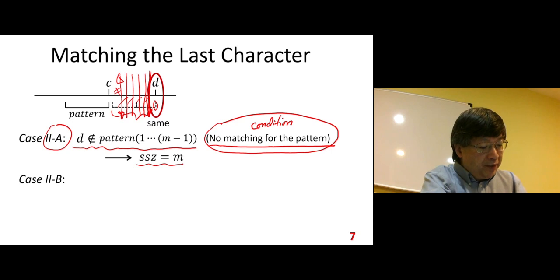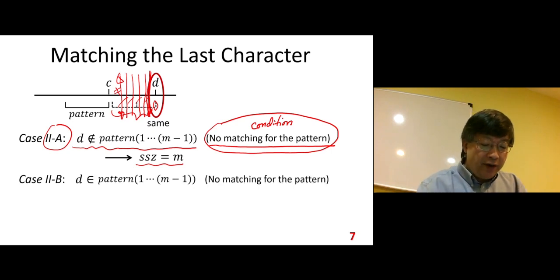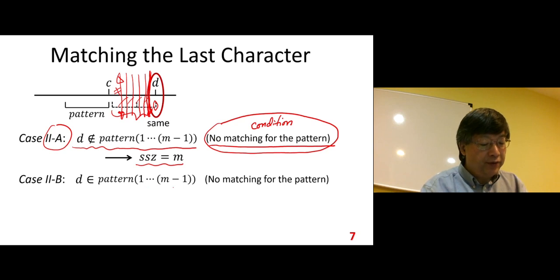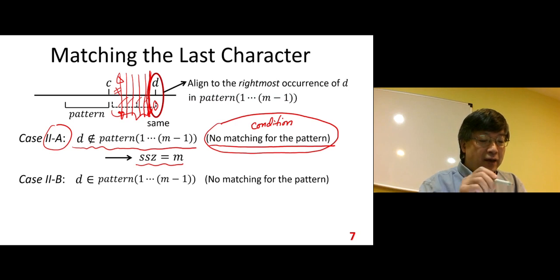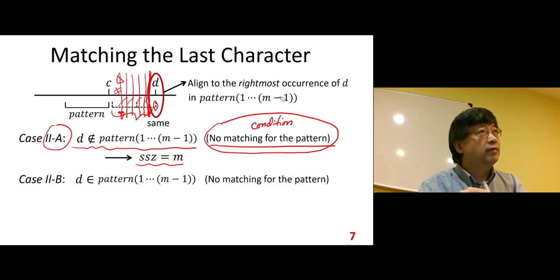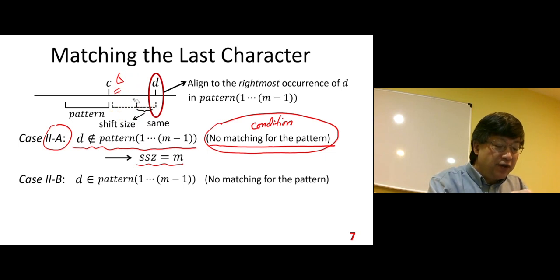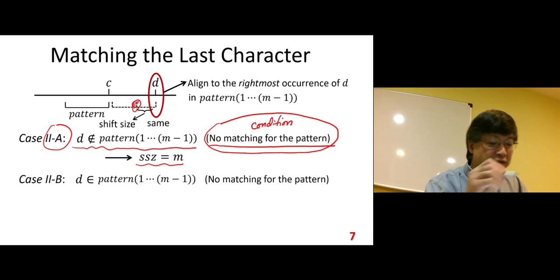2B, still no matching for the pattern. That condition is satisfied, but D is in the pattern from 1 through n-1. If that happens, we align to the rightmost occurrence of D in the pattern. There is a certain shift size we need, because there is an occurrence.